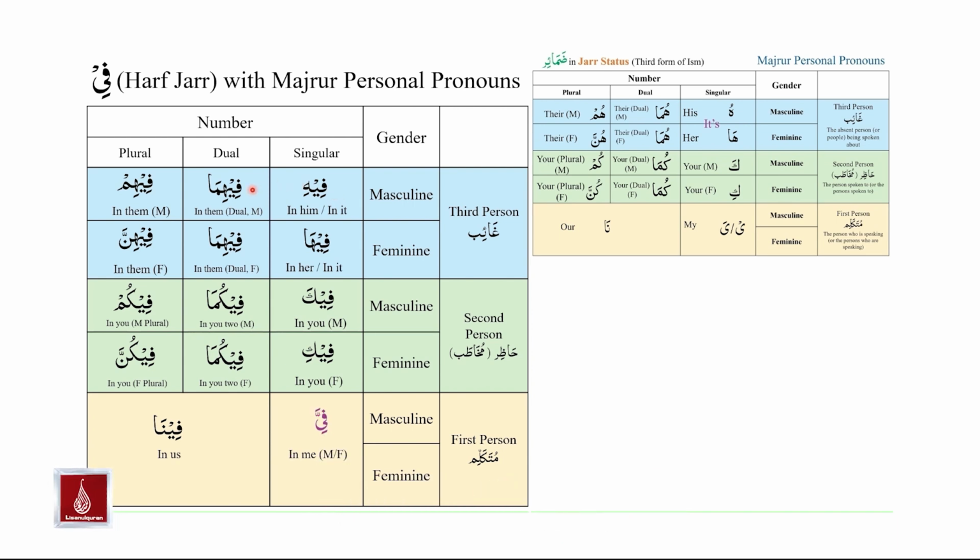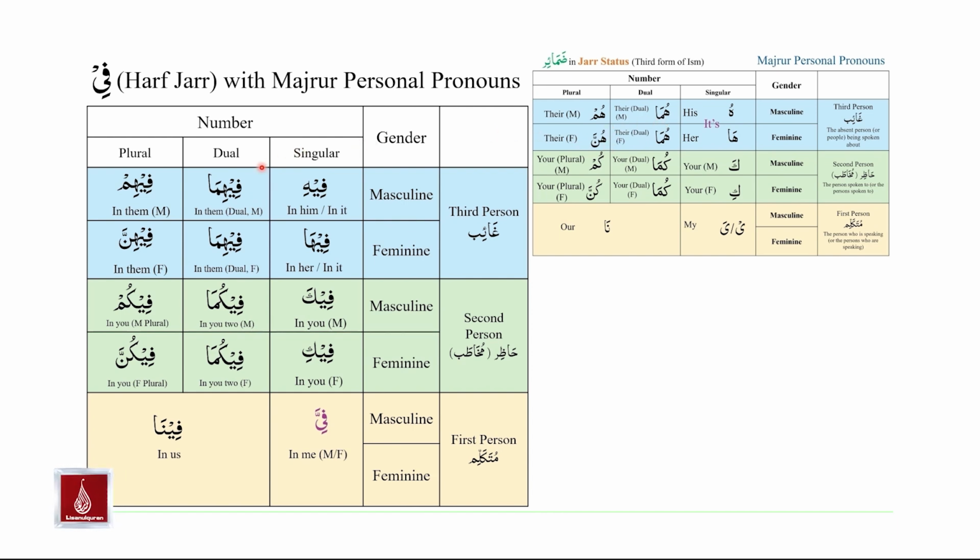Fihima, meaning in them, referring to dual and masculine. Please note that we are saying and writing fihima rather than fihuma. We studied that in the case of huma, hum and hunna, if they are preceded by ya with a sukoon on it, then we will write and pronounce them as hima, him and hinna.